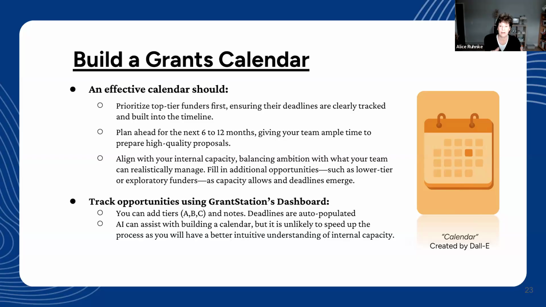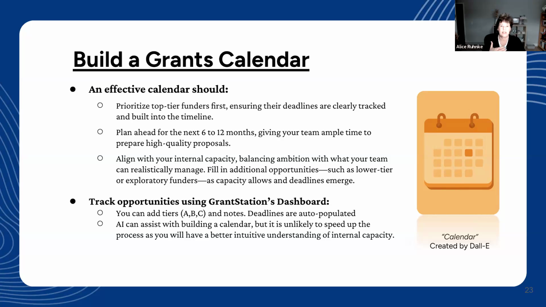We always encourage that your grant strategies are looking ahead 6 to 12 months into the future, because you need that time to prepare a really great application. So this calendar will really help you see into the future when you need the most time in developing the proposals or developing the relationships or whatever it is that you're doing with the funder.